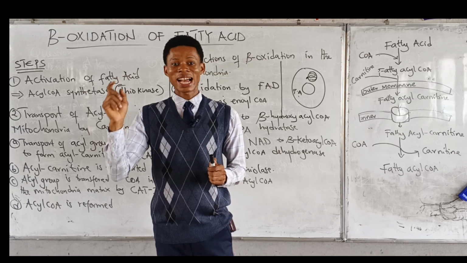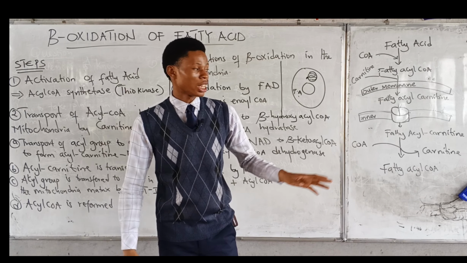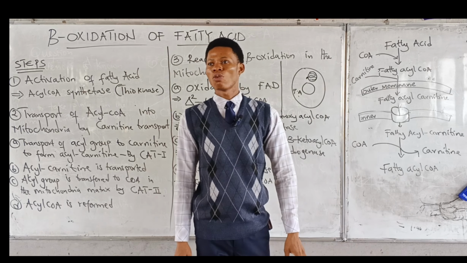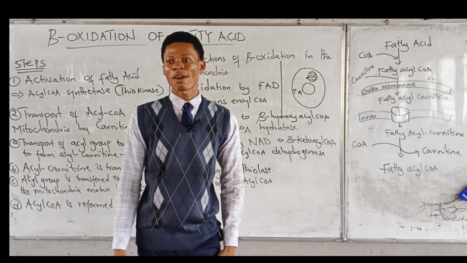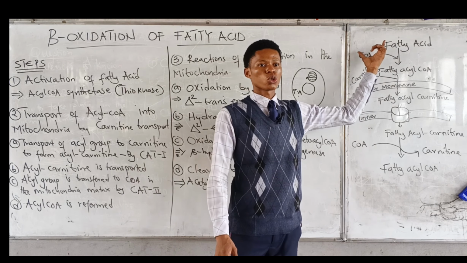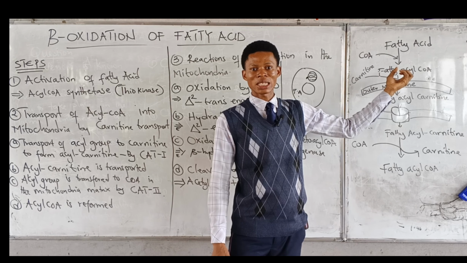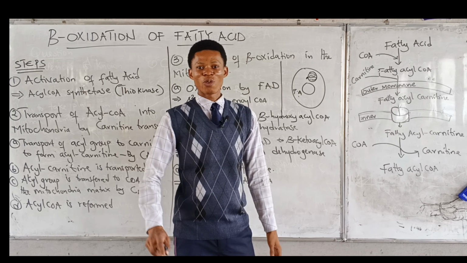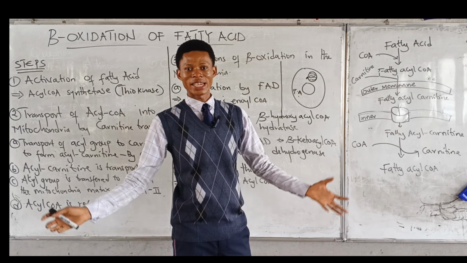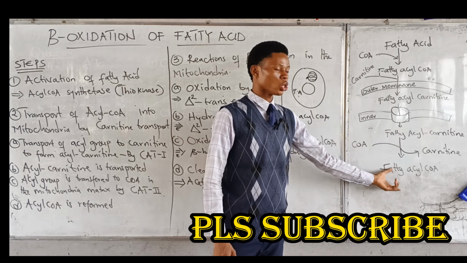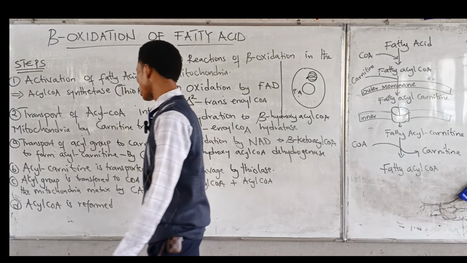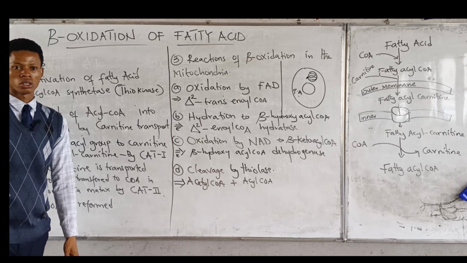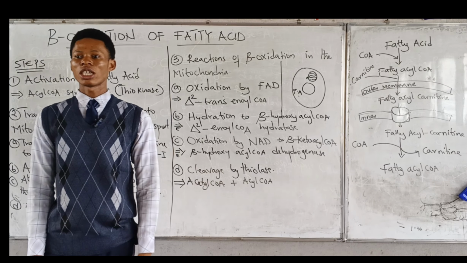Fatty acid carnitine, so that it can now be transported into the mitochondria. And then once in the mitochondria, carnitine will say, I've done my work. It returns back to the surface to pick more fatty acid groups. Then the fatty acid group inside now looks for its partner, CoA, and they bind again. Fatty acid-CoA is reformed. Once fatty acid-CoA is reformed, the last reaction of beta oxidation can now take place.